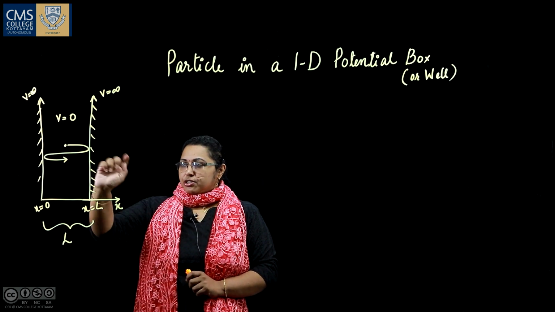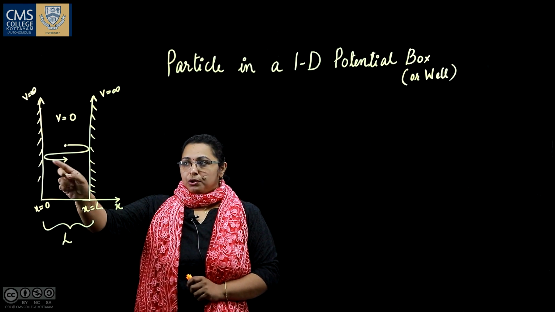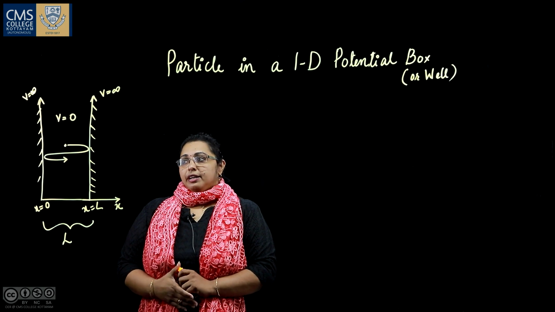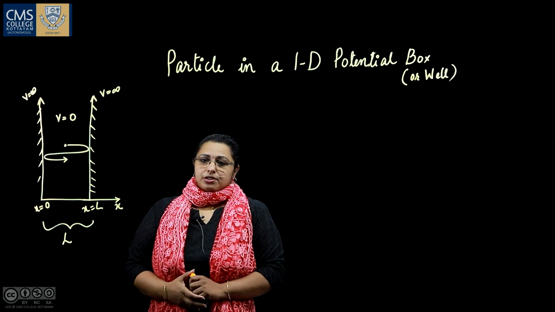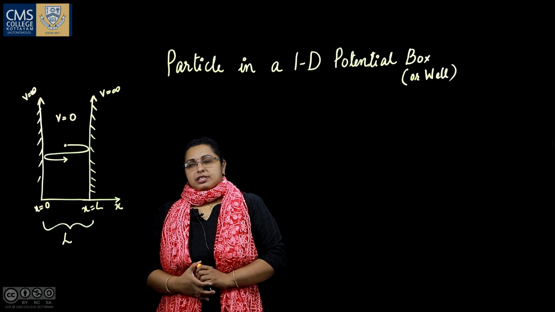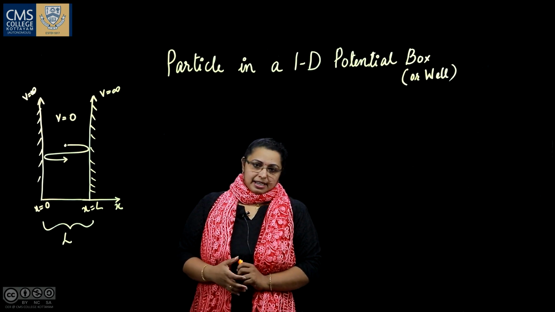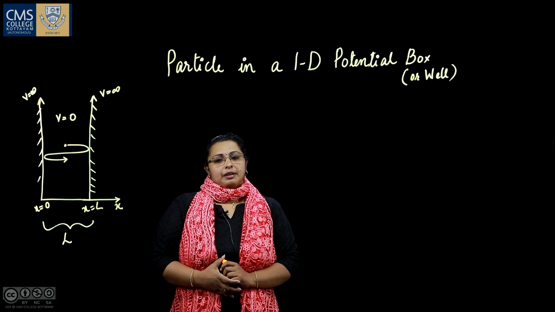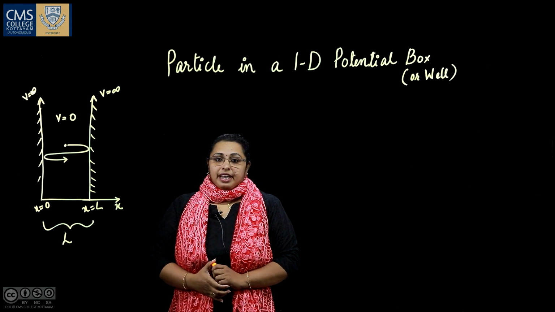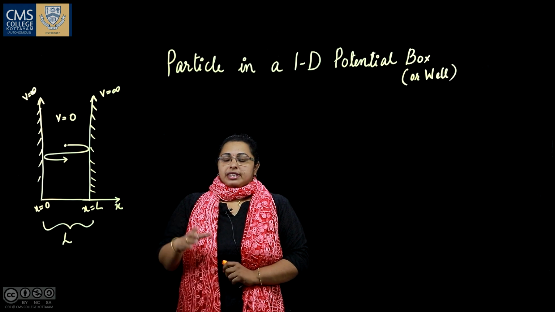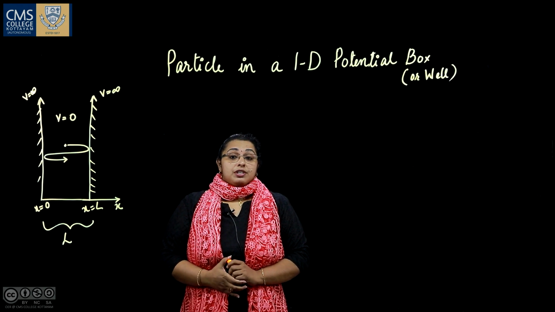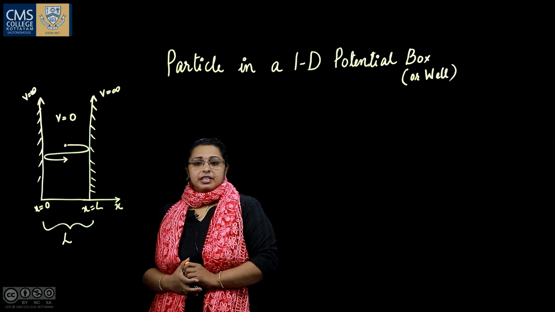We are keeping an electron which is allowed to move inside the well, and the energy of the electron inside the well is a constant. We have studied Schrodinger's equation in our last classes, the time dependent and time independent equations. This is an application of Schrodinger's time independent equation.